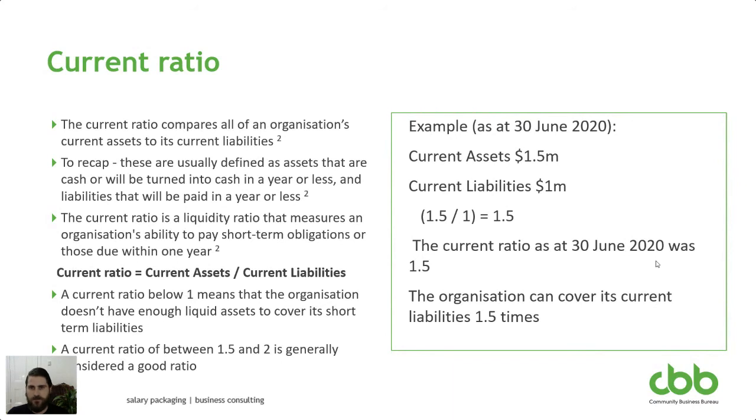So current assets of 1.5 million, current liabilities of 1 million gives us a current ratio of 1.5. So in this example, the current ratio as at 30 June 2020 was 1.5. Another way to reword that is that the organisation can cover its current liabilities 1.5 times.